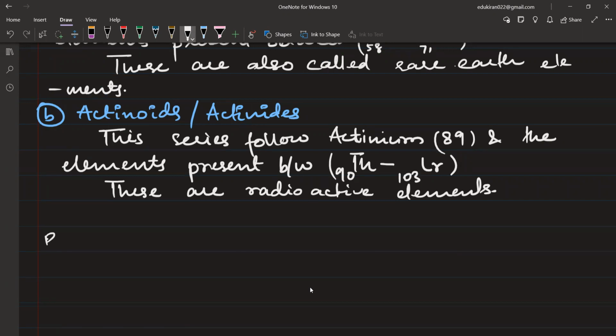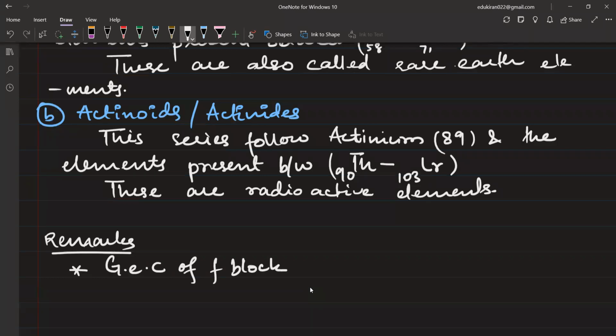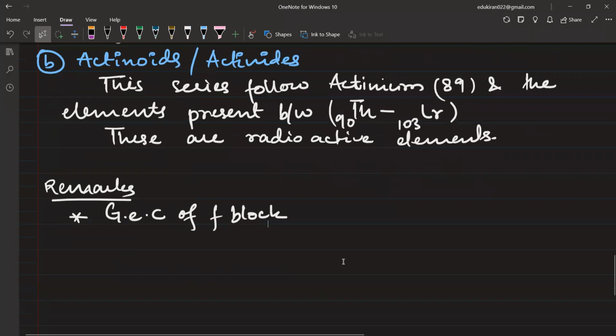Then you will write some remarks. In remarks, you will first write the general electronic configuration of F block. You don't have to remember this actually, but it is easy to remember. We have ns2, then n-2 f, gradually filled from 1 to 14.